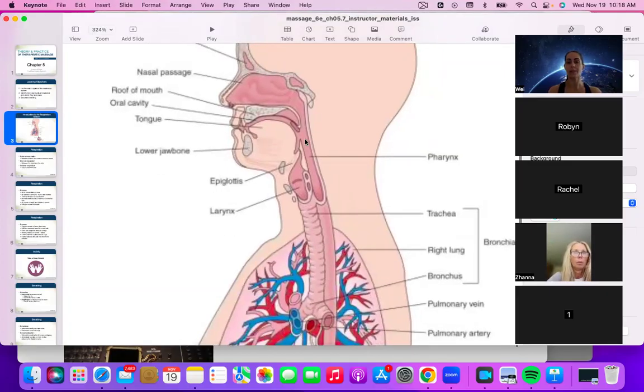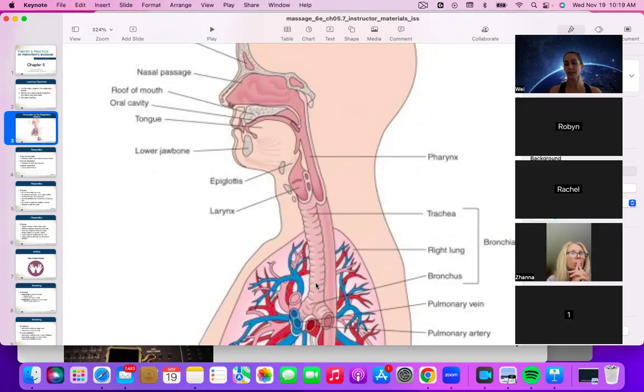We have the pharynx, so it's the tube. From your mouth, we've got a tube going down where we get the food to. We have the epiglottis, which is this flap that allows the food to go through the pharynx and not through the trachea, right?